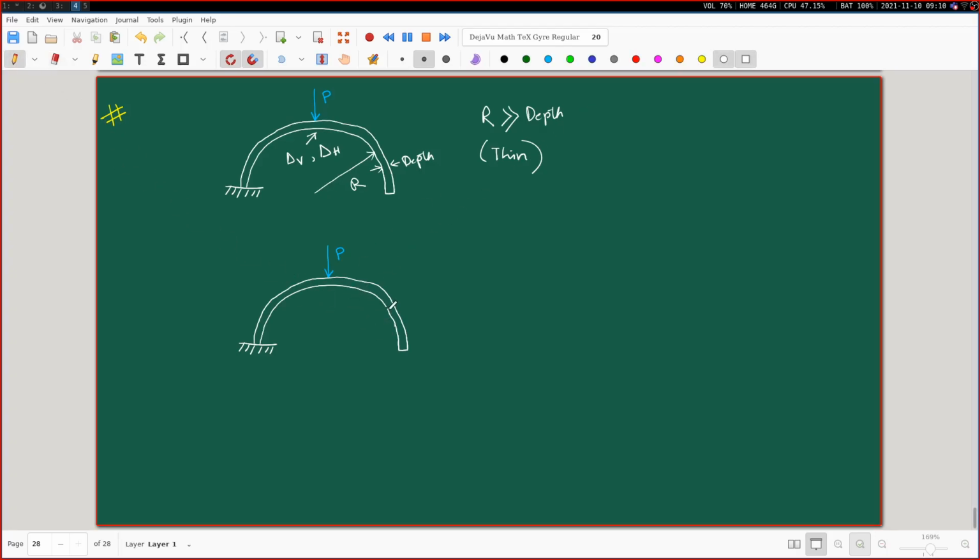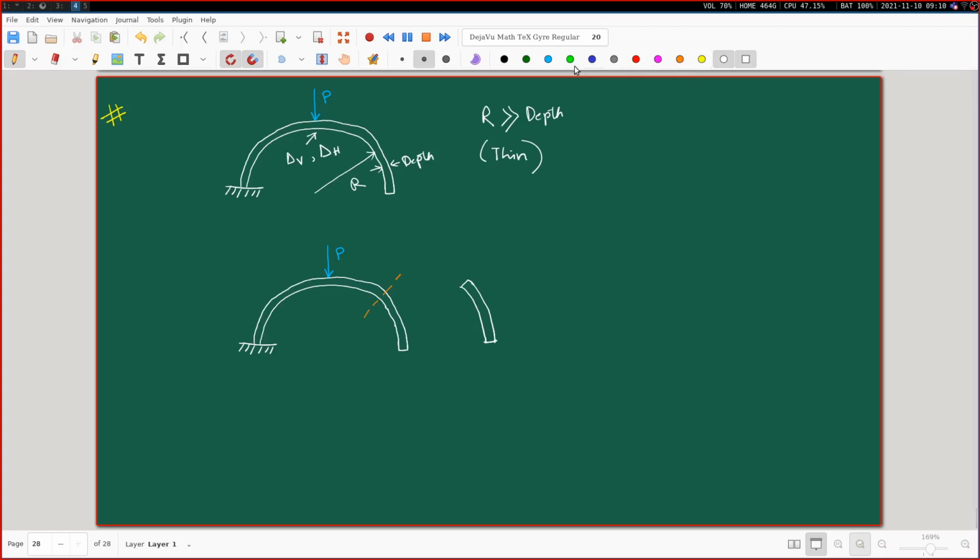So what I'm going to do is take a cut section. Now, suppose I take a cut section here. So I will end up with what? This kind of an arc.